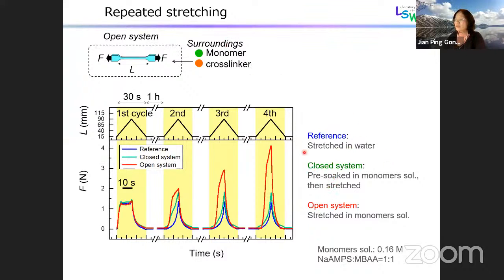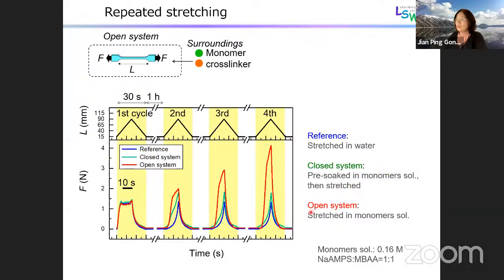One is just loading and unloading in the reference state. That means we stretch in water without a monomer supply. Another is the closed system. We preload, soak the gel in monomer solution, and then stretch and see how many cycles the polymerization will occur.